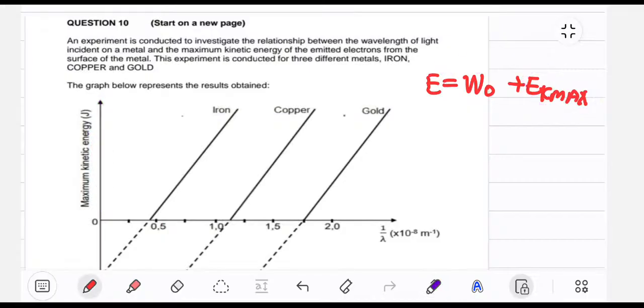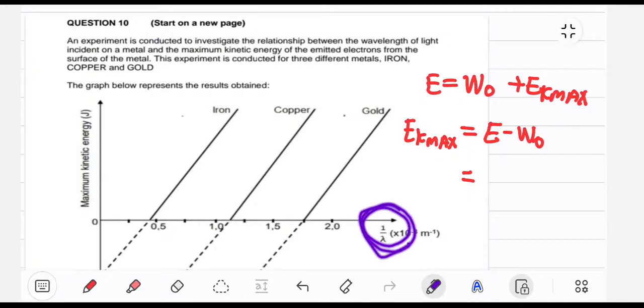So we get EK max equal to E minus W naught. Now remember, I'm aware that this is Y. Now I go to X. My X is 1 over lambda.